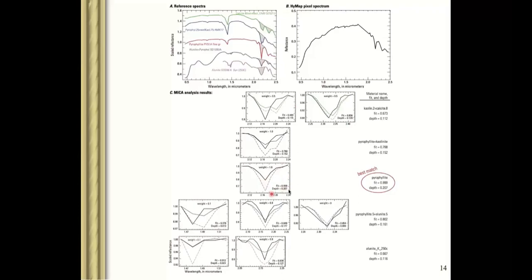Your fit value is around 0.999. So this is the best fit. We can say this one is pyrophyllite, and pyrophyllite is matching this absorption band with 0.999. So this particular spectra from the satellite is actually pyrophyllite.